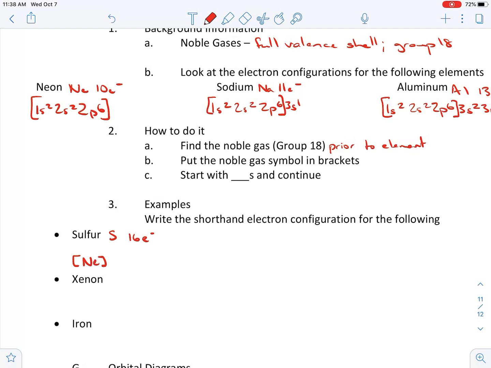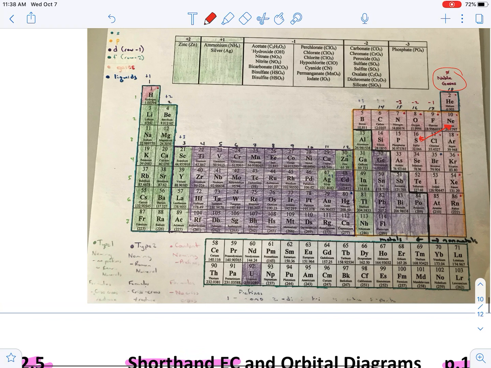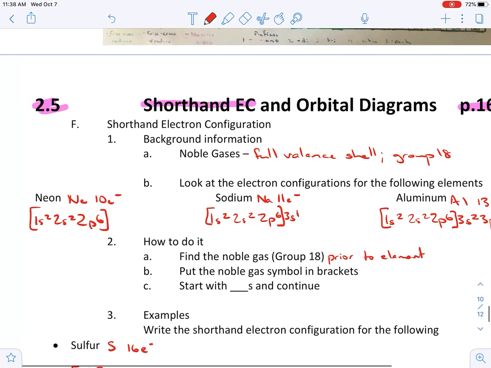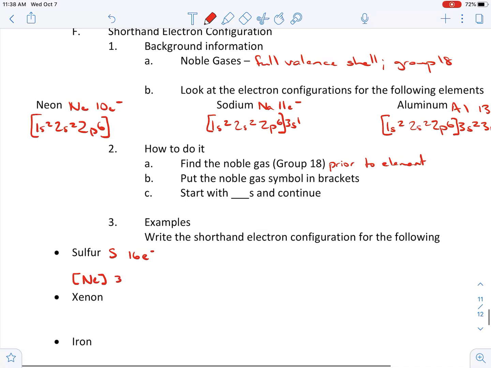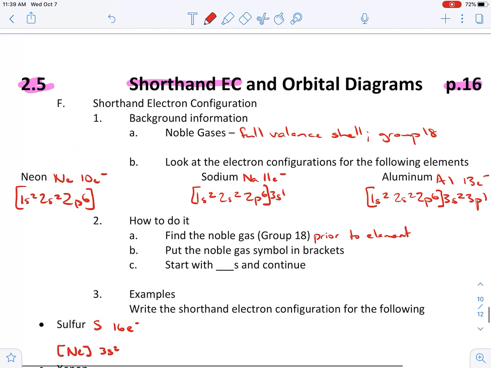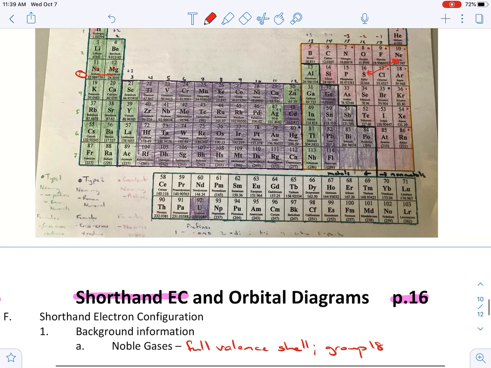Now we're going to start with that next row, which is row 3, and we're going to say 3s2, because each of these, 3s1, 3s2, counts. That gets us through magnesium, 3s2. And then just keep reading left to right. These are p's.